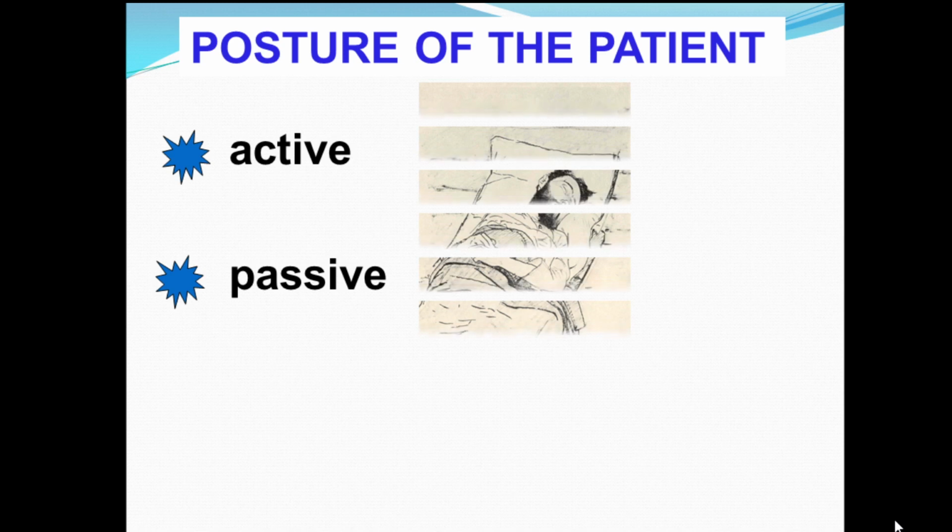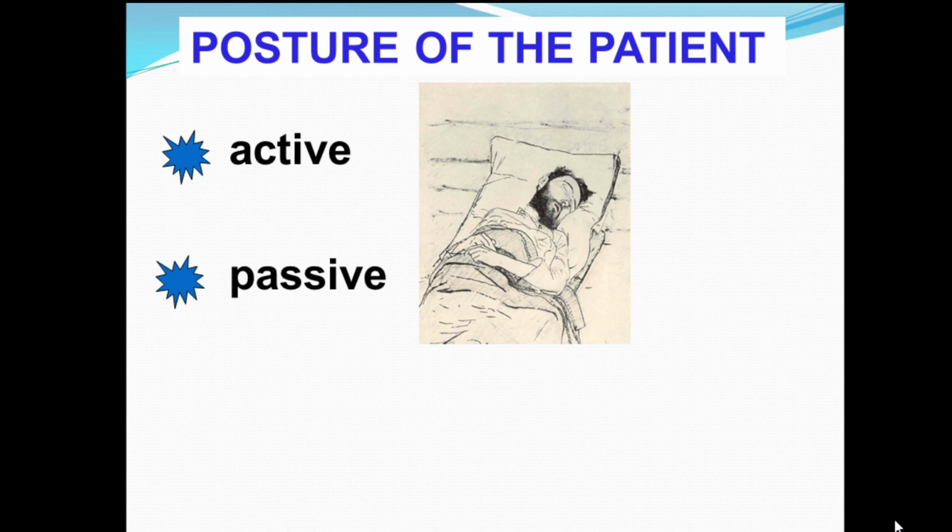Passive is the opposite situation, when the patient is unable to change his position independently. Usually these are patients in a comatose stage, patients after anesthesia, or patients with significant loss of weight due to long-standing diseases.